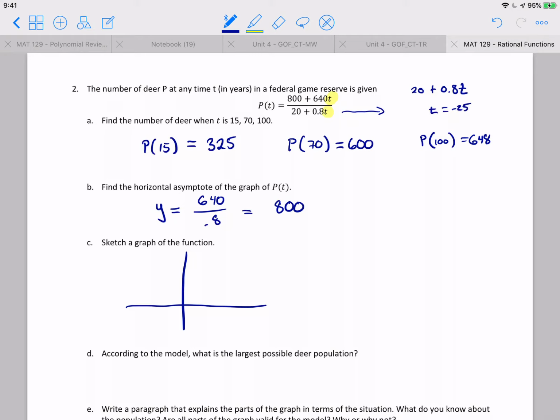So at -25, there's a vertical asymptote. At 800, there is a horizontal asymptote. And if you plug in 0, I believe you get 800 over 20, so 40. So the graph looks something like this.